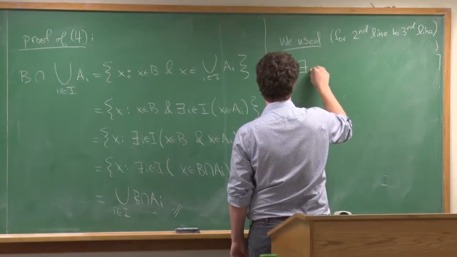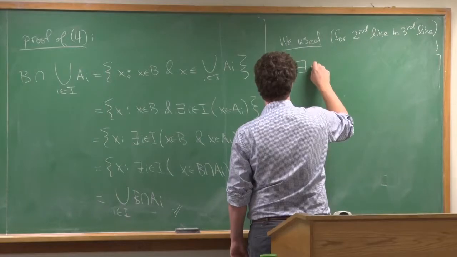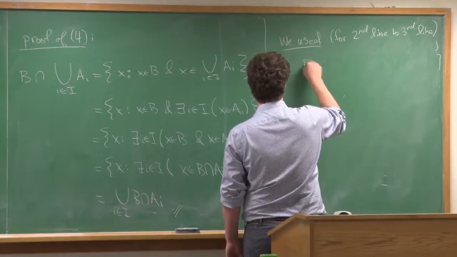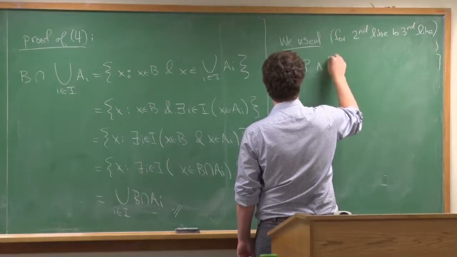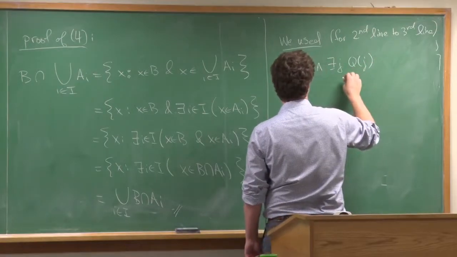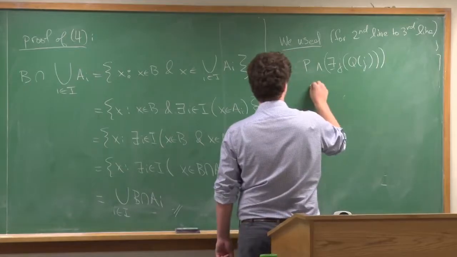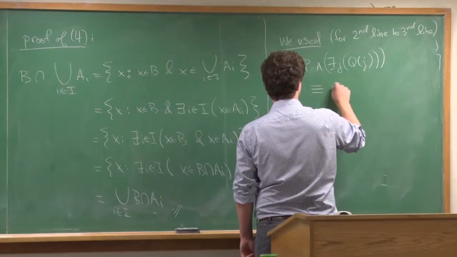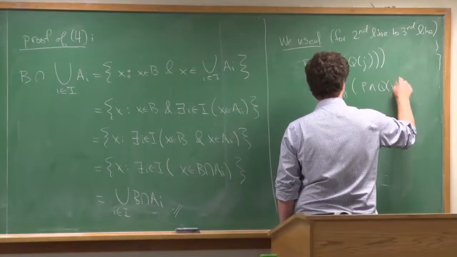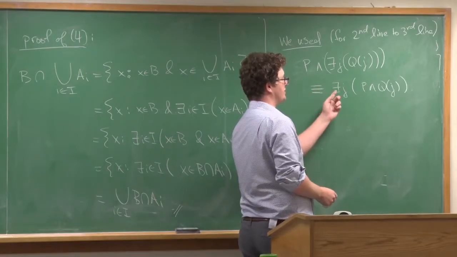Let me use a different letter, let's say J. P intersect, there exists some J such that Q of J, is equivalent to there exists some J such that P and Q of J. So we're just using this property of how ANDs distribute over the existential quantifiers.